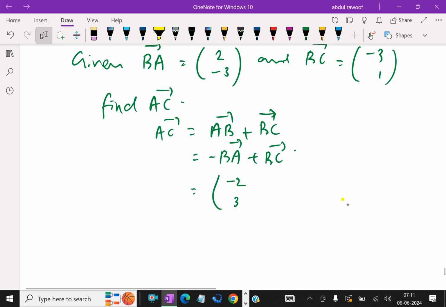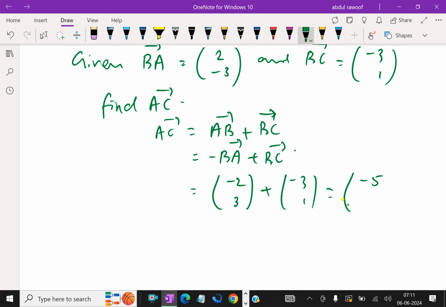Change the signs. And BC is as it is, minus 3 and 1. So minus 2 minus 3 is minus 5, and minus 3 plus 1 is minus 2. Look here, AB can be written as minus BA.